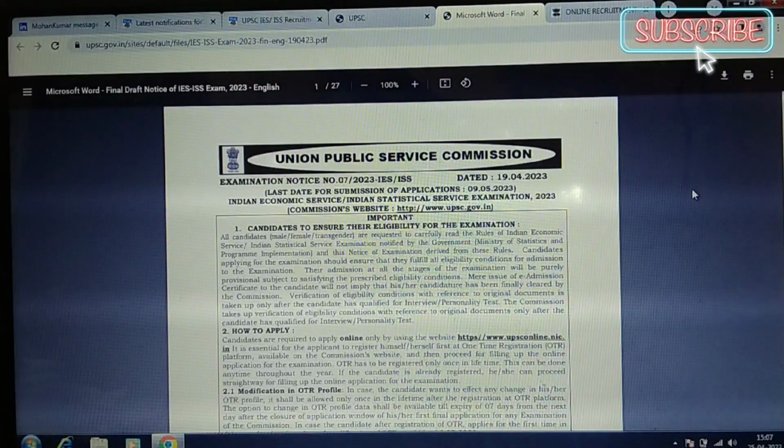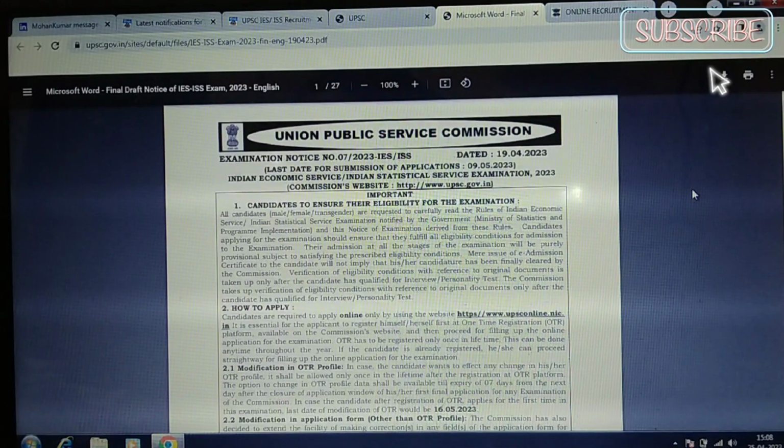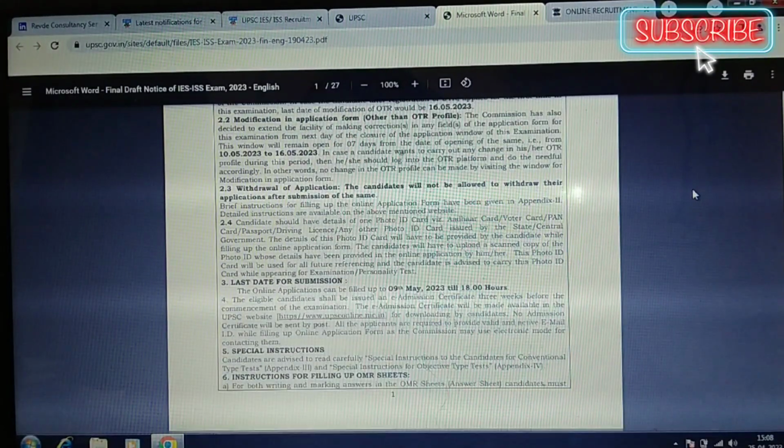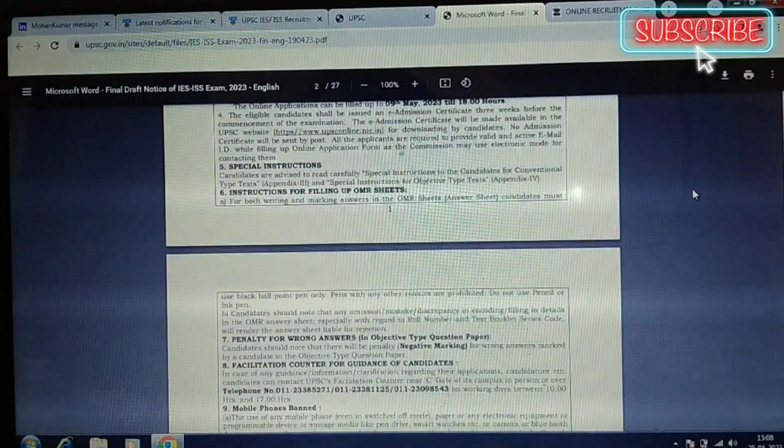The starting date is 19th April 2023, and the last date for submission of application is 9th May 2023. The application has already started, and you can go to the application section and apply.